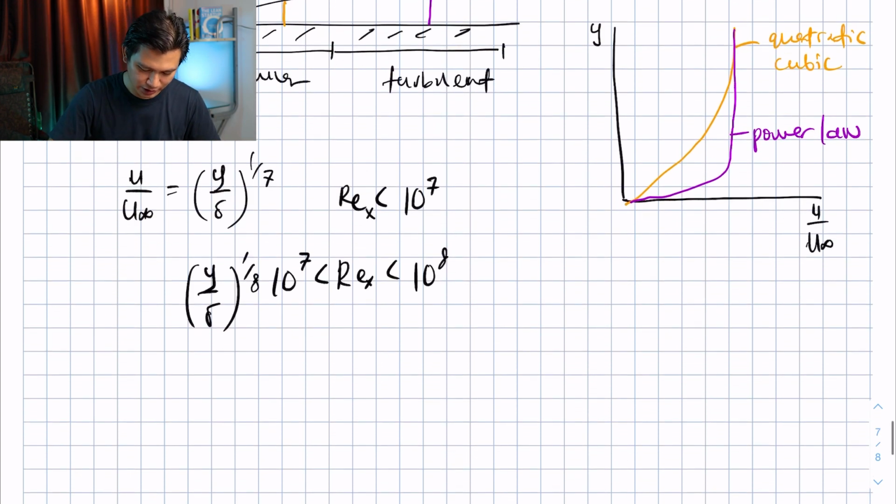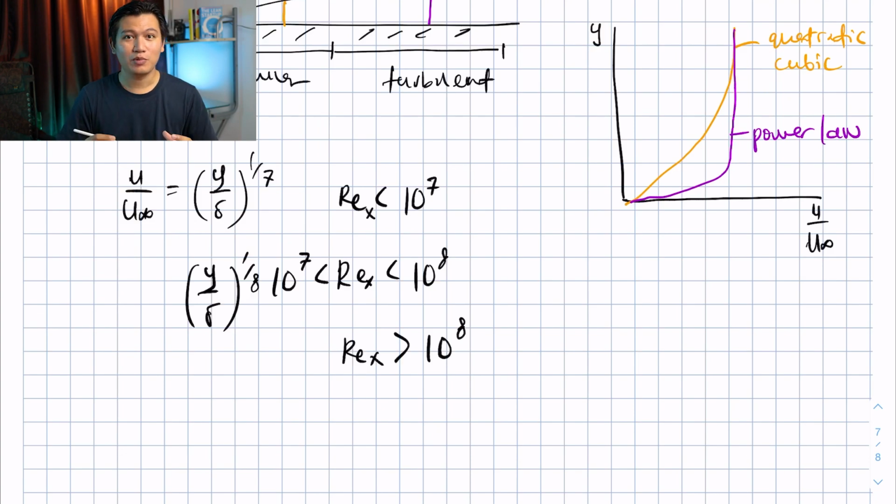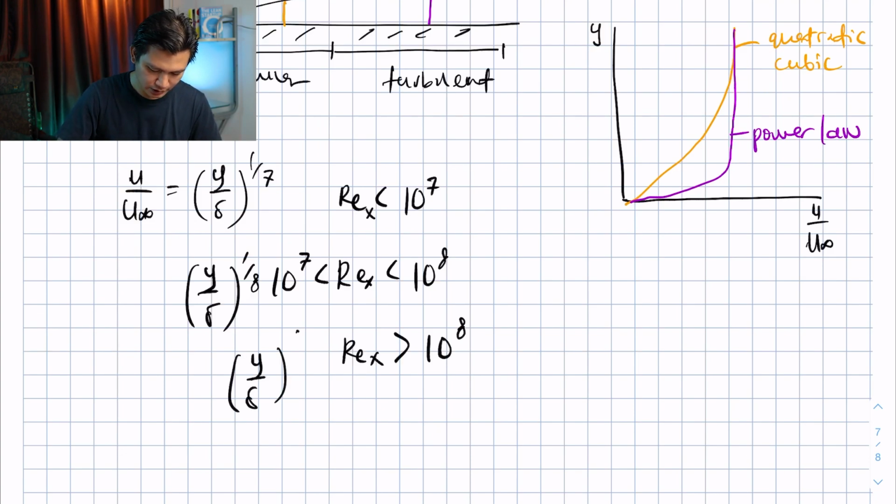And for Reynolds number greater than 10 to the power of 8, your boundary layer profile is going to be (y over delta) to the power of 1 over 9. Okay, so that's how the power law changes depending on the Reynolds number.